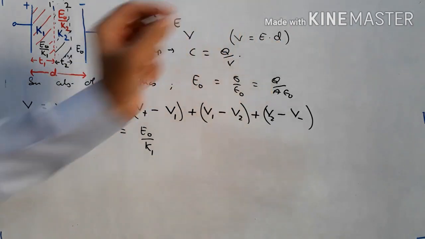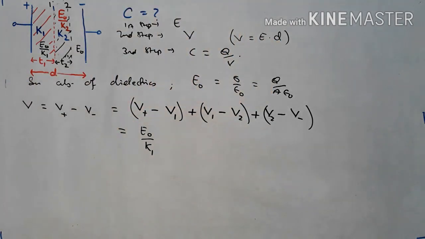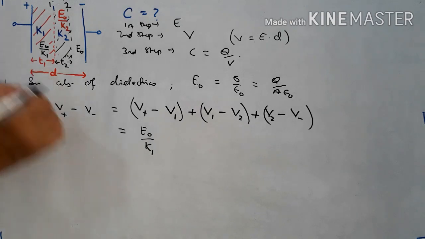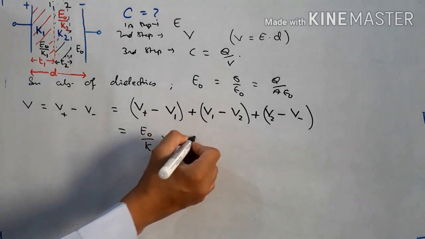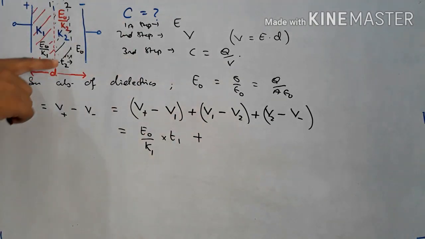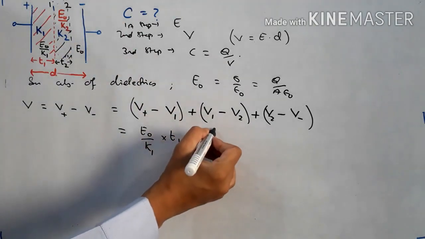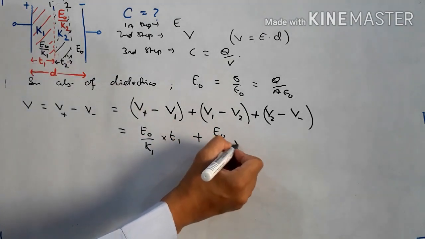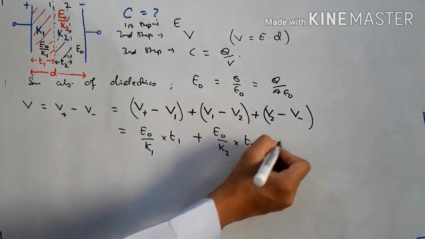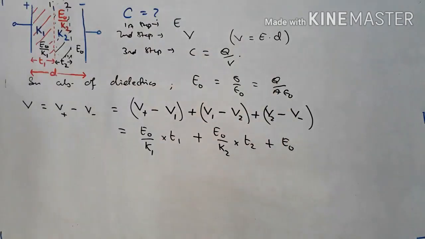If it is uniform, then here the fields are uniform. So E naught by K1 into that thickness. What is this thickness? T1 plus. Likewise, you can guess, students, what should we write here? This will be E naught upon K2 times T2, and third one will be E naught.